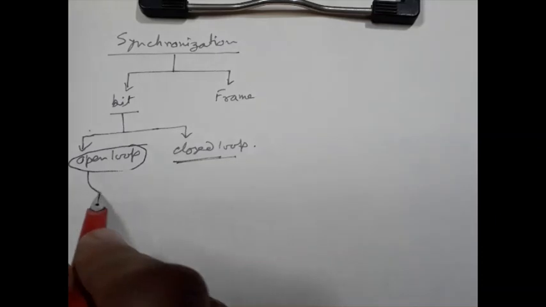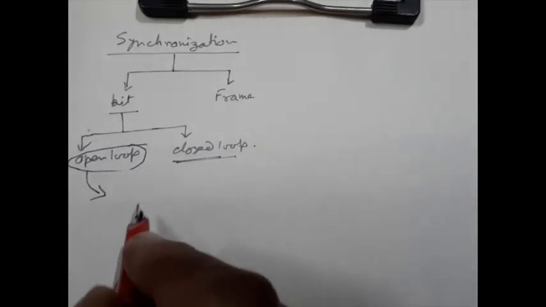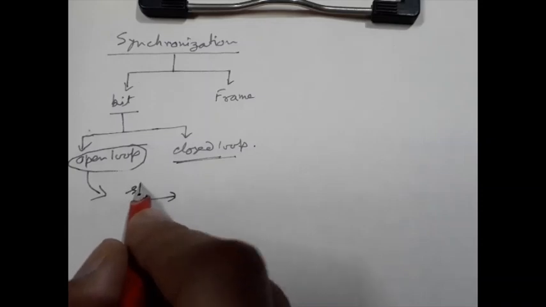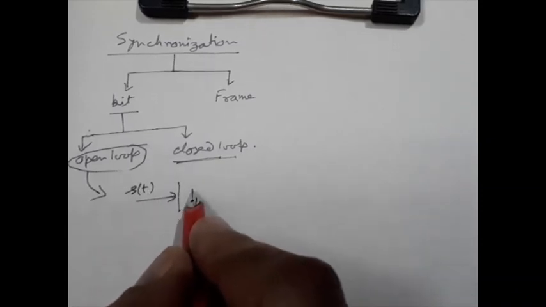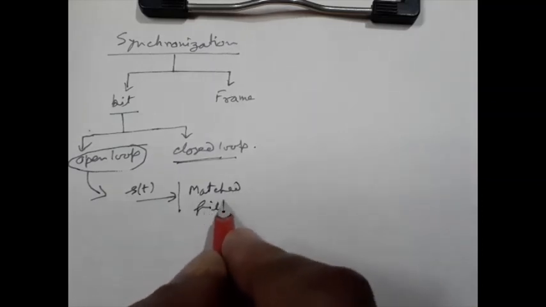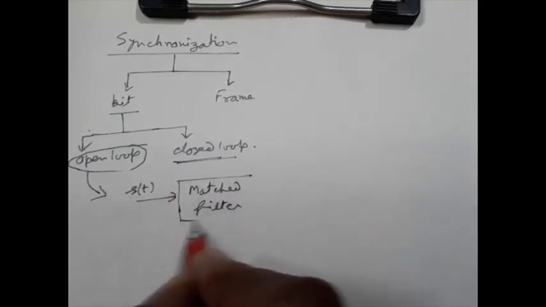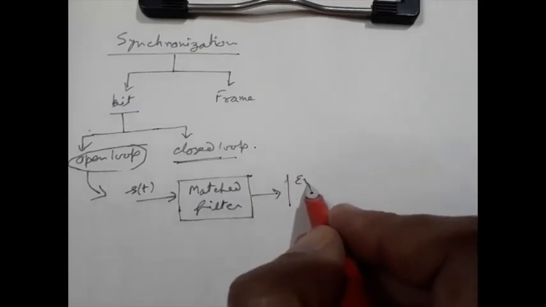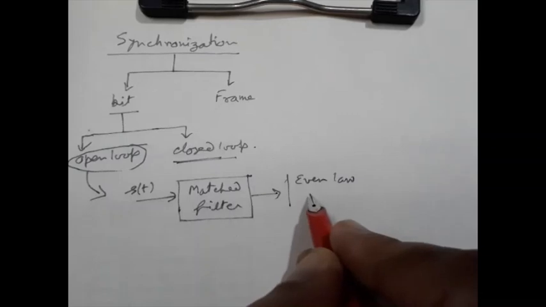So we will consider this open loop synchronizer. Various types of circuits are there, so let us take any one of such circuits. Not circuit, it is a block diagram. The first block is the matched filter. Next block is the even law nonlinearity.